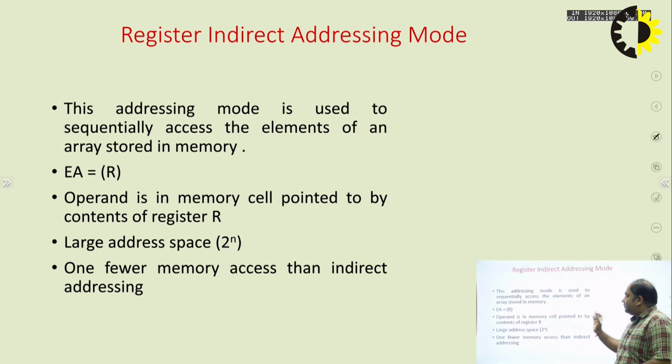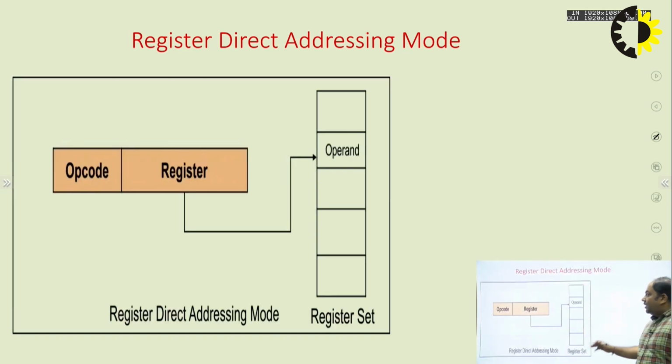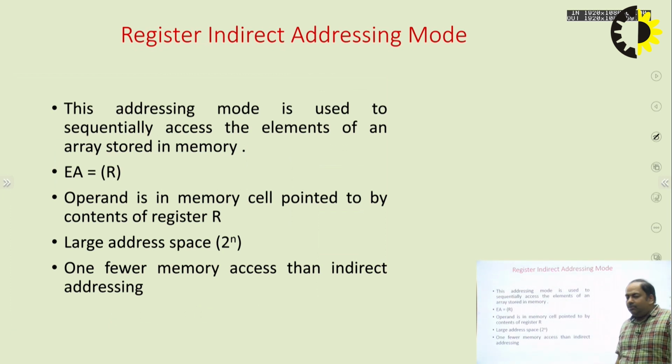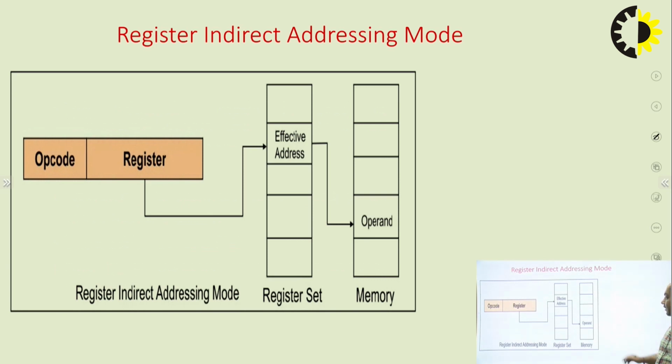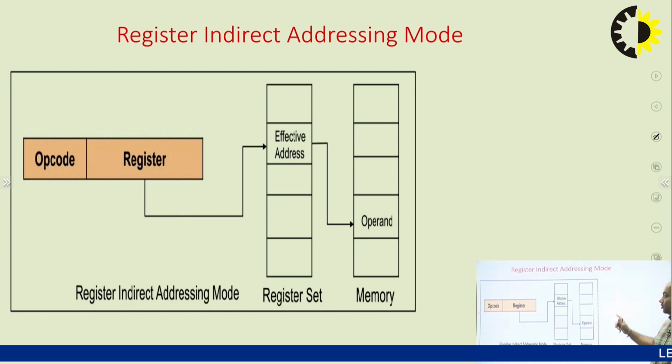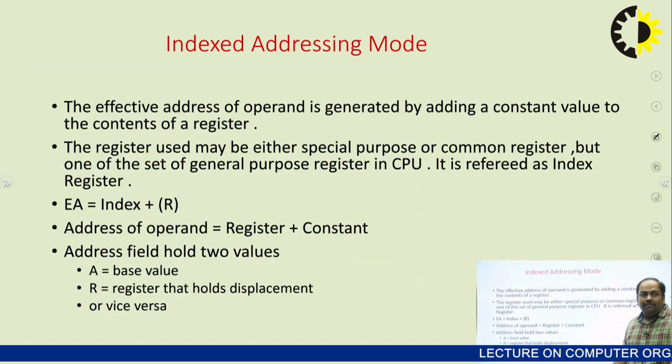In the previous register direct mode, the operand is in the register, but in register indirect mode, the operand is in the memory. The instruction consists of opcode and register. The effective address is in the register and the operand is in the memory. So, to find the effective address and the operand, we have to access the memory.